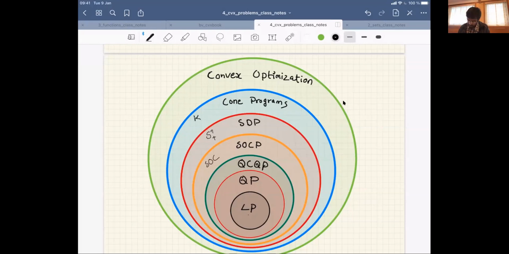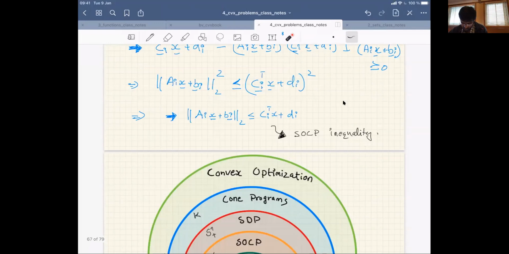In LP, the cone was R^n_+. We even saw that SOCP can be represented as an SDP, so any of these subclasses can be represented as an SDP. Everything is fitting into this hierarchical classification. Yes, so that's it.